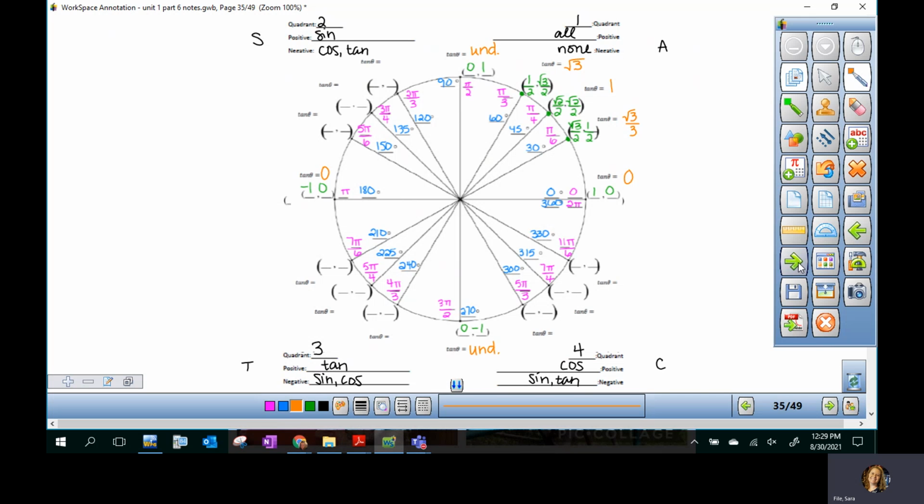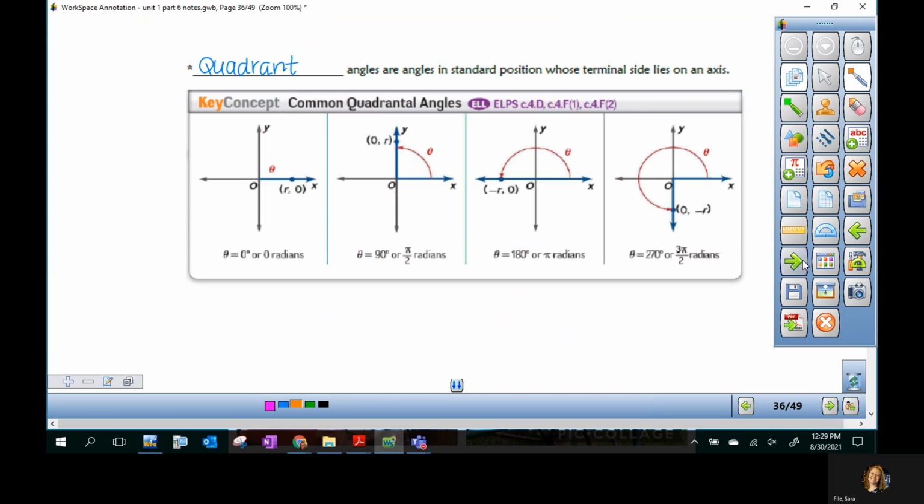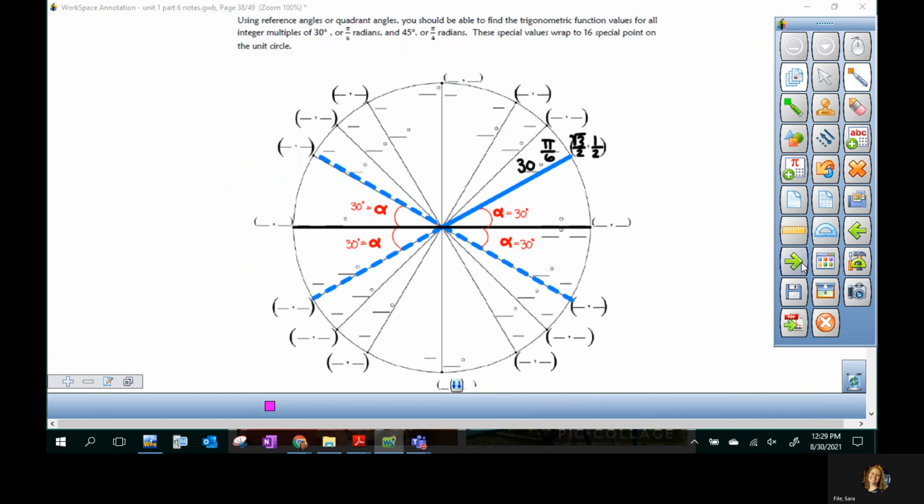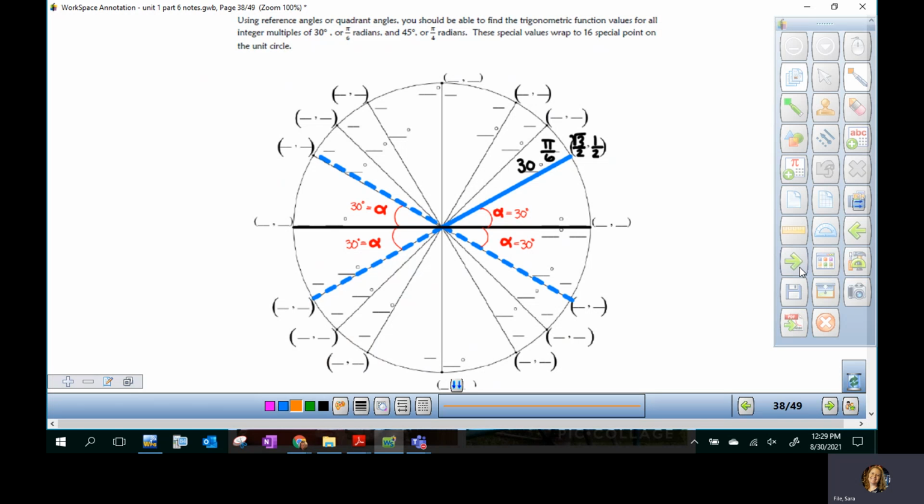We're going to go on to the next thing. So we're starting to get more and more of our unit circle filled in, right? All right, so to fill in the rest, what we have to realize is that every angle in quadrant 1, this is why I was saying I really need you to learn quadrant 1, is because everything from quadrant 1 reflects over to the other quadrants.